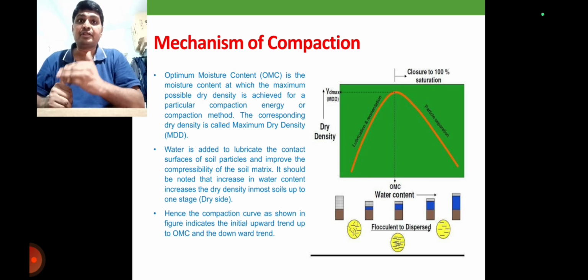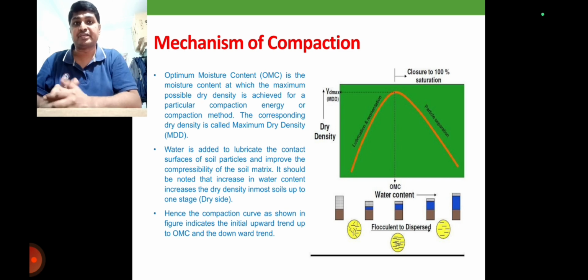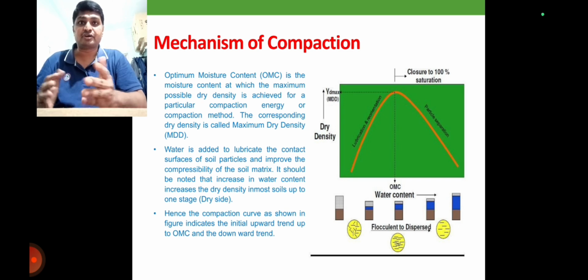Beyond the optimum moisture content, the soil becomes saturated and there is no use of compaction on the soil mass. Water is added to lubricate the contact surfaces of the soil particles and improve the compressibility of the soil matrix.